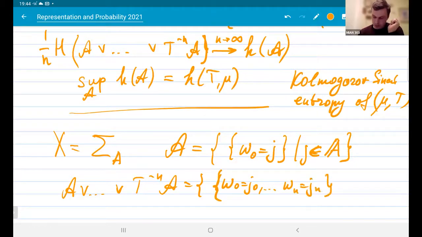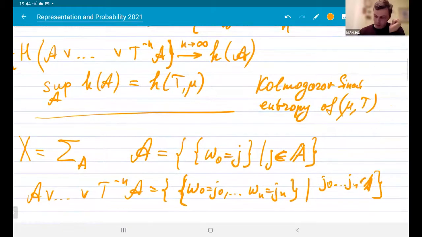Then you have this. And by the way, I should say that this sequence g_0 and so on to g_n is admissible. Otherwise, this set is just empty.